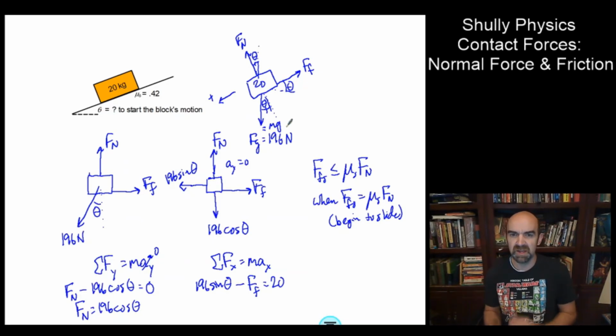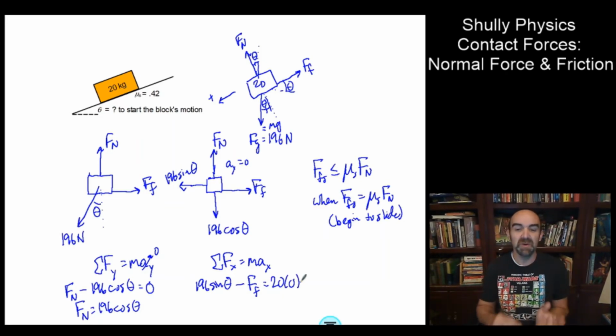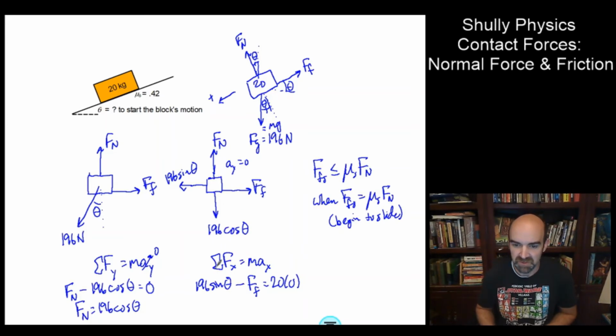So it's actually not moving yet, but it's reached a point where static friction is equal to mu times normal force. So we still have a 0 acceleration in the x direction. If we go any higher than this angle, it's going to start sliding and accelerating. It's going to start engaging its kinetic friction instead of static. So it'll start moving.